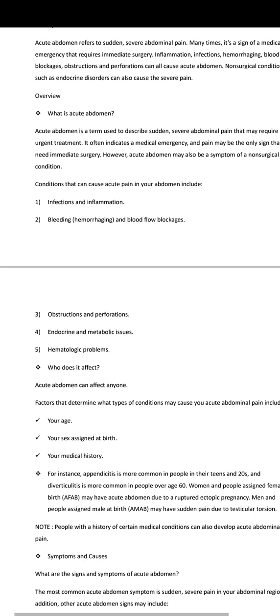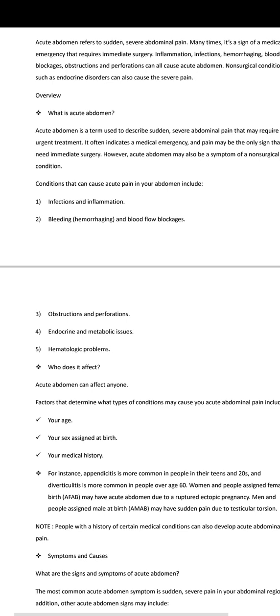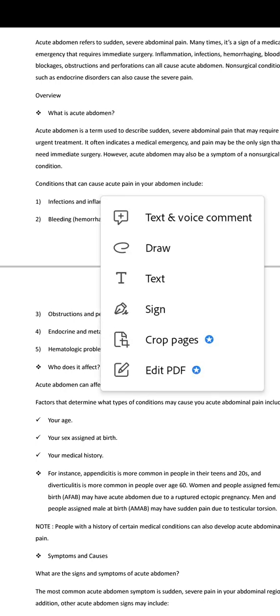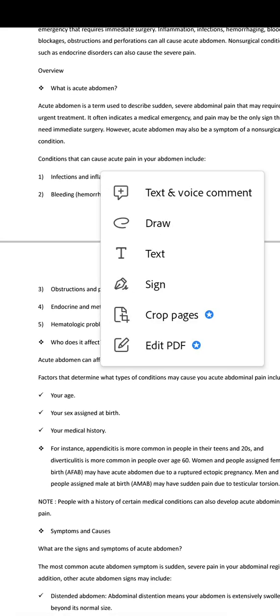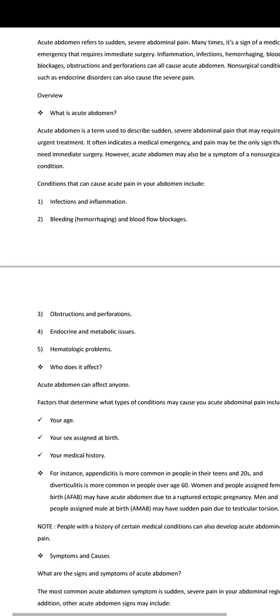So acute abdomen can affect anyone. Some of the risk factors include age and sex. We also know smoking is one of the risk factors of acute abdomen, and also family history.